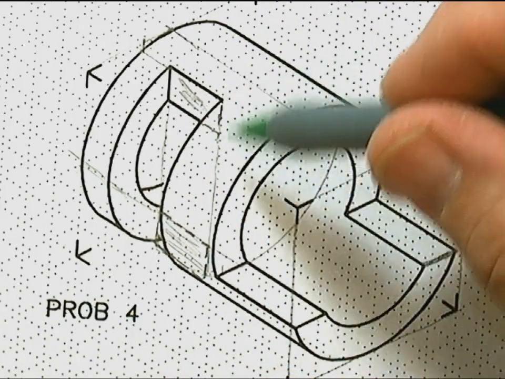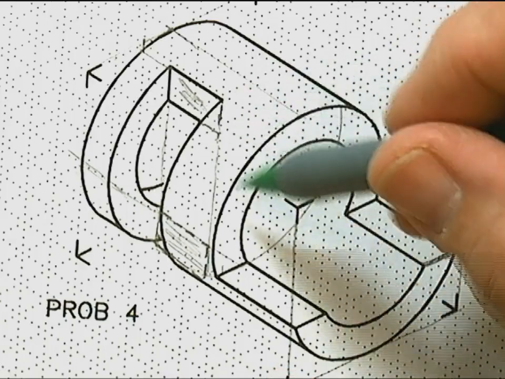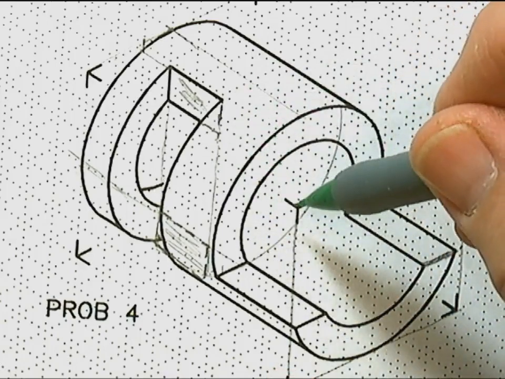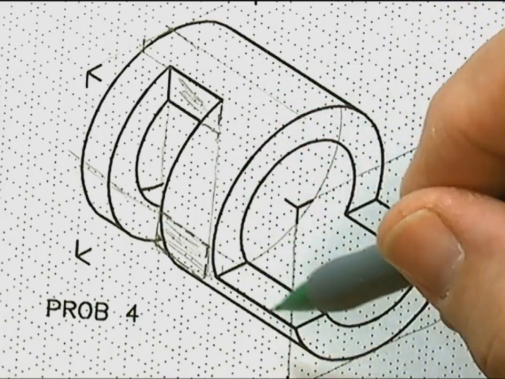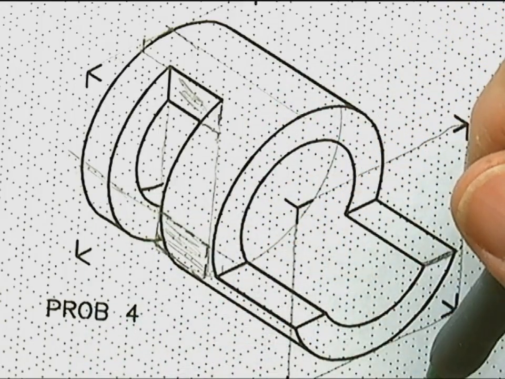Remember, you don't have to create the isometric, no pictorial required. You're sketching just the front, top, and right side.